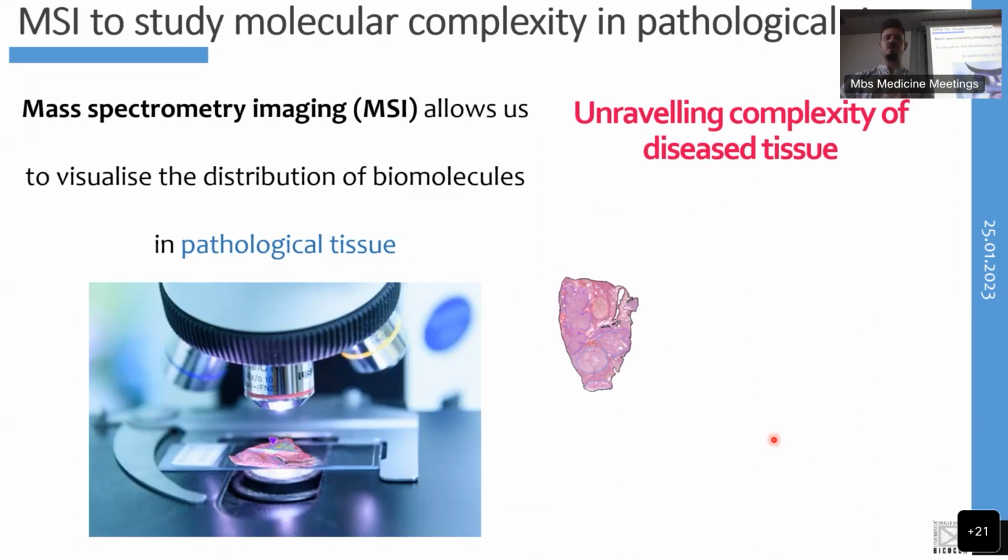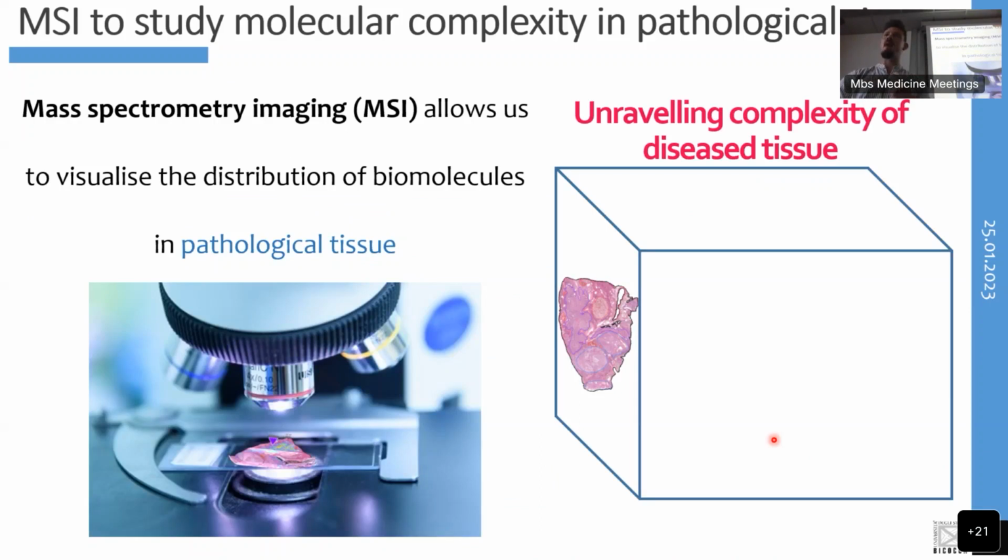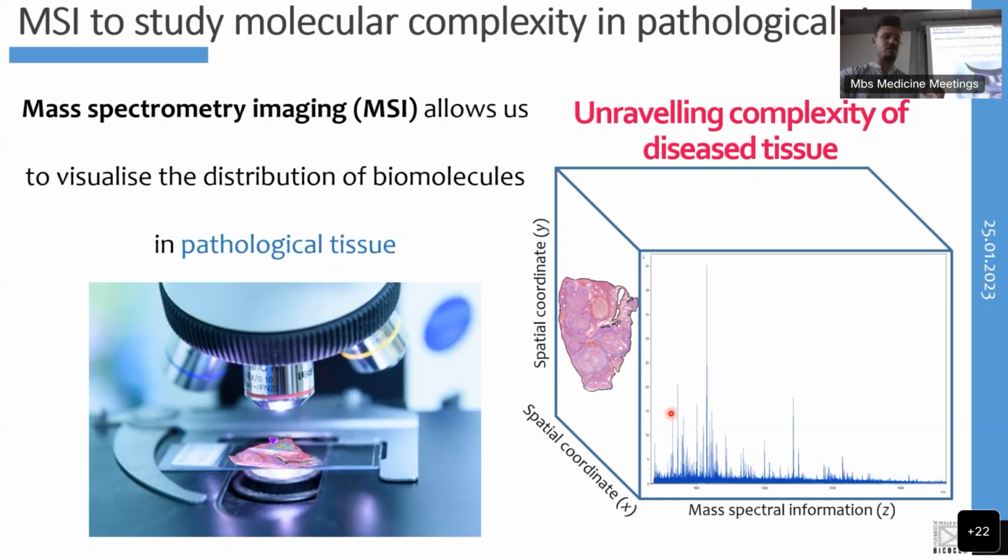And this is because we generate data in 3 dimensions, which can be represented as this data cube here. So these first 2 dimensions are our spatial coordinates. So effectively, the tissue gets rastered or segmented into these small pixels at the level of a single cell. And from each of these pixels, we generate a mass spectrum or a molecular profile, such as the one that we see here.